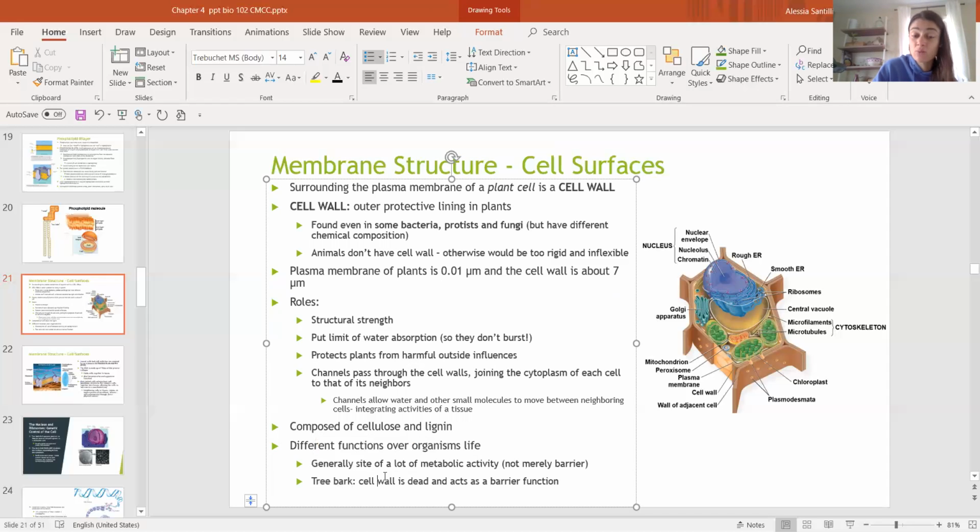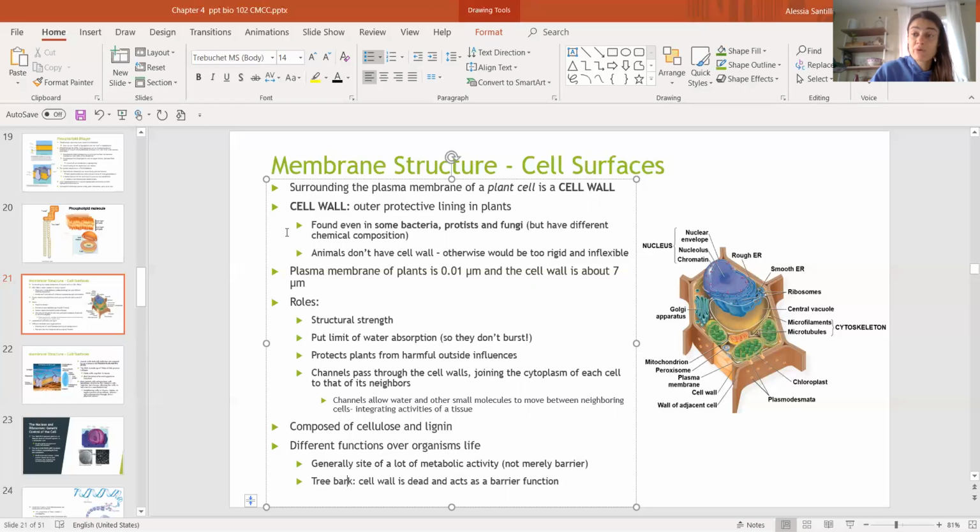So the tree bark cell wall is dead and acts as a barrier function. Depending on whether the organism is young, that's usually where we have a lot of metabolic activity in the cell wall. If the organism is matured and growing, and a tree is matured and growing, we now start having tree bark, a tree trunk. And so the cell wall here is dead and acts as a barrier function.